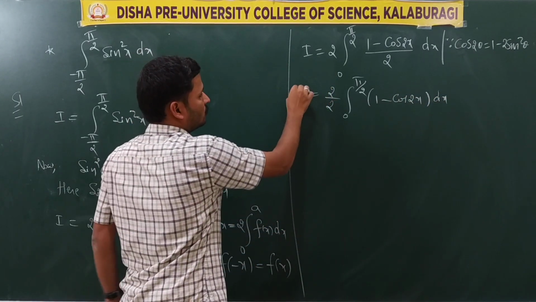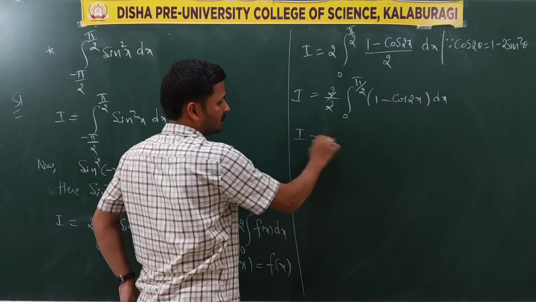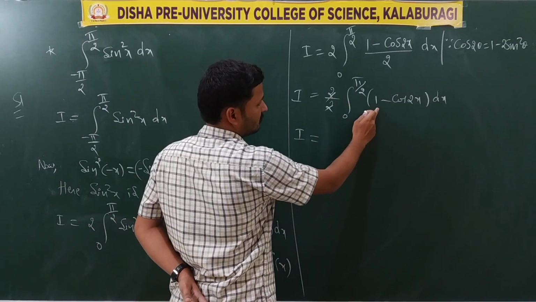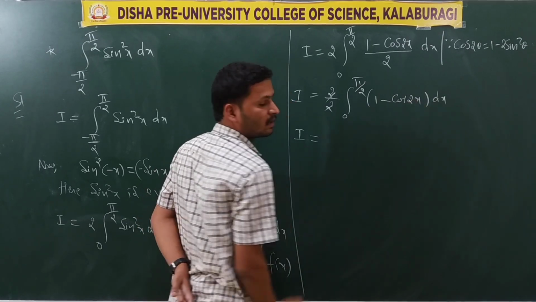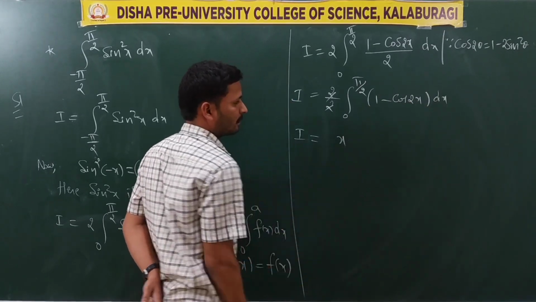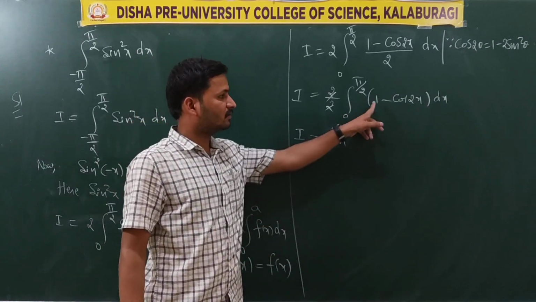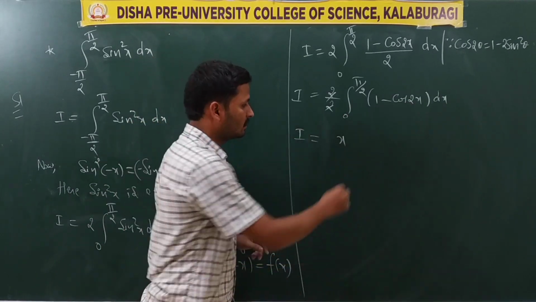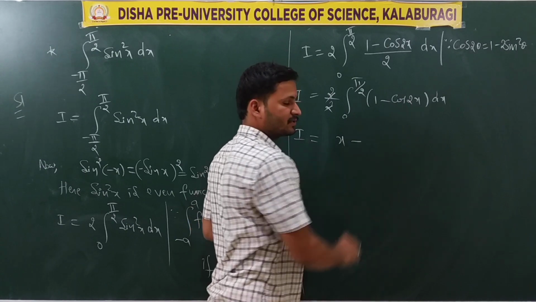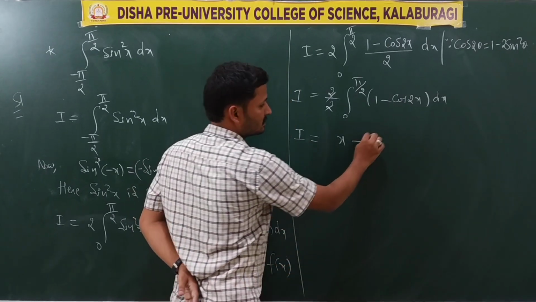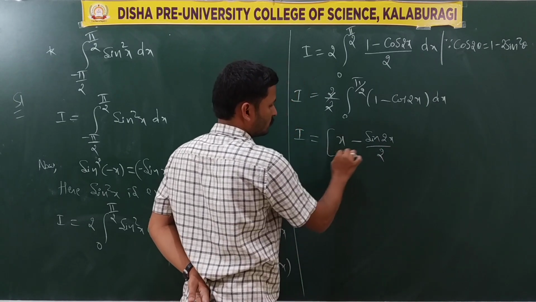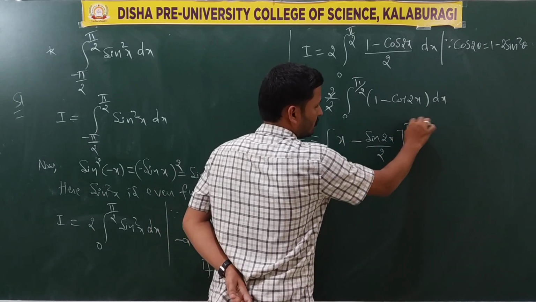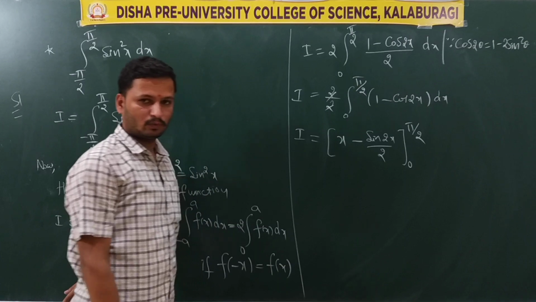Then I is equals to integration of 1 with respect to x, which is x, minus integration of cos 2x with respect to x, which is sin 2x divided by 2. The lower limit is 0 and the upper limit is pi by 2.